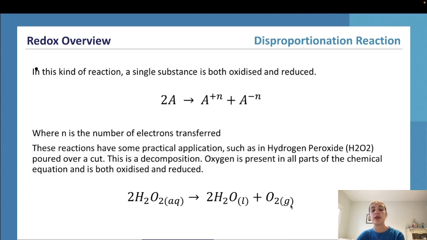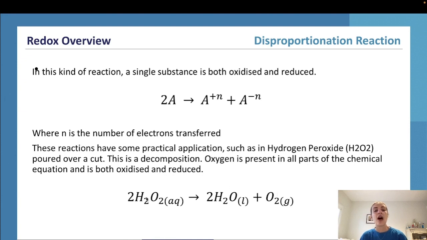Then when we look at O2 here, O2 follows rule 1, where each oxygen atom is going to have an oxidation number of 0, and the entire compound is going to have an oxidation number of 0 because it's entirely made up of only one type of element. So in that case, we're going from minus 1 to 0, so that's a loss of 1 electron.